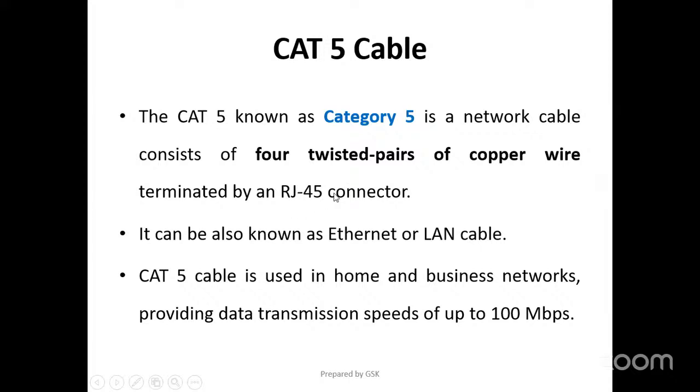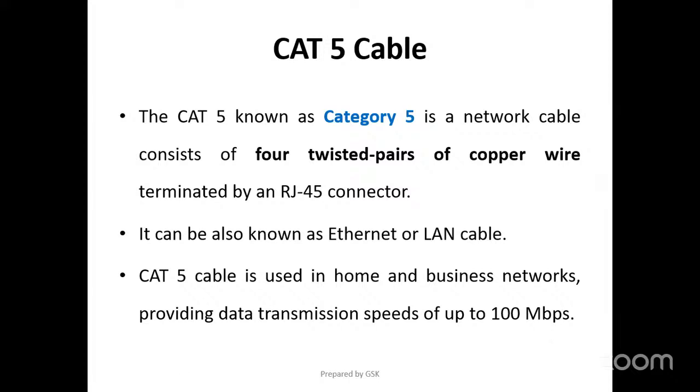It can also be known as an Ethernet cable or LAN cable. This category 5 cable is used in homes and you can use it in business networks. The speed of this Cat5 is up to 100 Mbps.